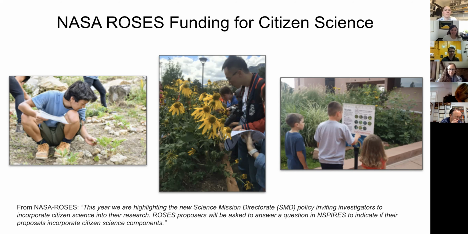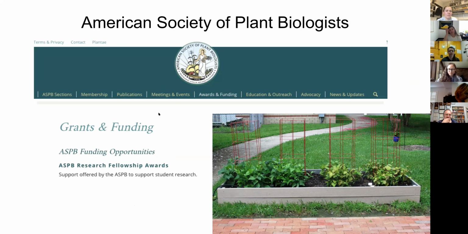And then just last, there is another source of potential funding through the American Society of Plant Biologists. Erica, maybe you could speak to this a little bit more since you were more aware of this opportunity. Yeah, I ran into them at a recent conference, and they provide funding, particularly if anybody's interested in writing curriculum for other sites to use.